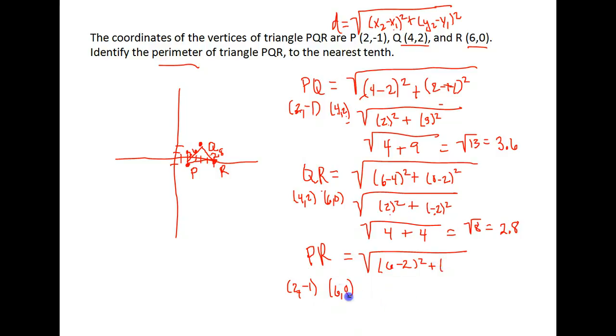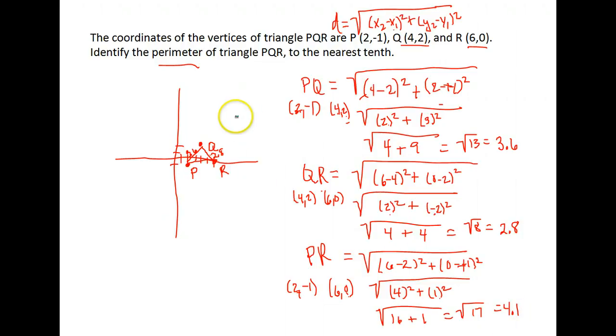Plus, subtract the y's, 0 minus -1. 6 minus 2 is 4. 0 minus -1 is 1. 4 squared, 4 times 4 is 16. 1 squared, 1 times 1 is 1. That gives me the square root of 17. So I take out the calculator. The square root of 17 is about 4.1 if I round to the nearest tenth.